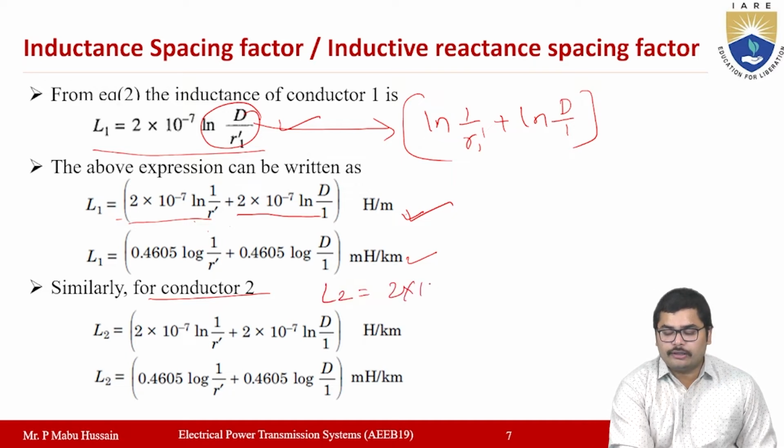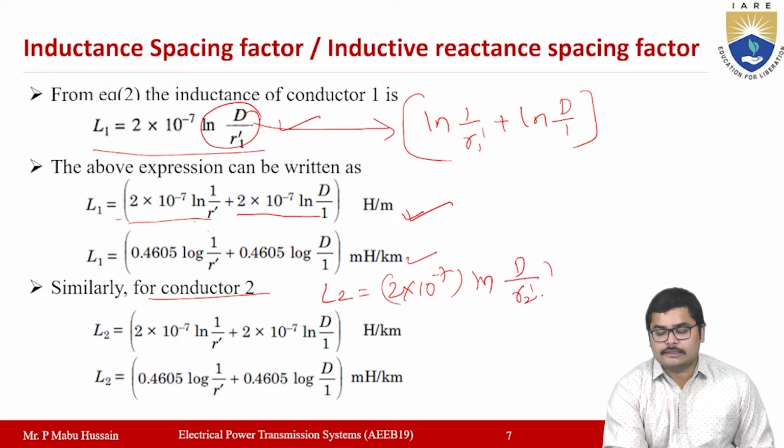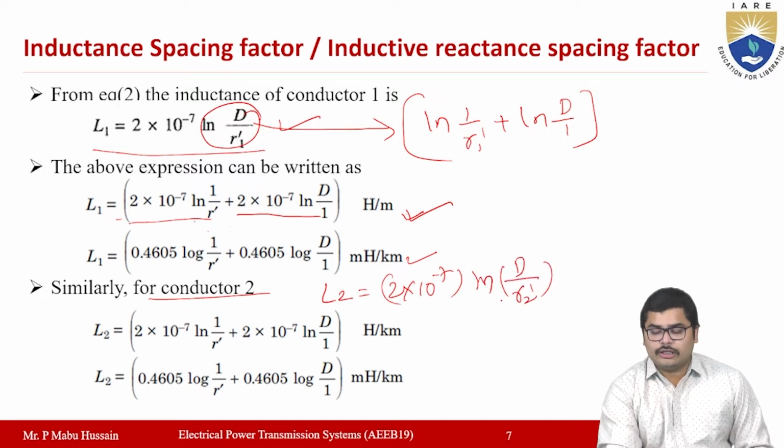L2 is equal to 2 into 10 power minus 7 ln d by r2 dash. Here also we can write this ln d by r2 dash as ln 1 by r2 dash plus ln d by 1.